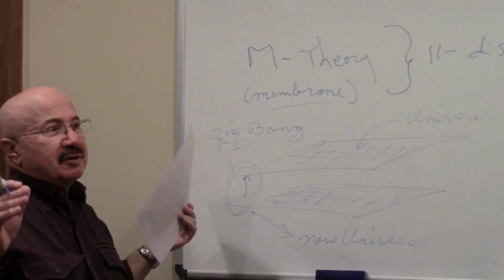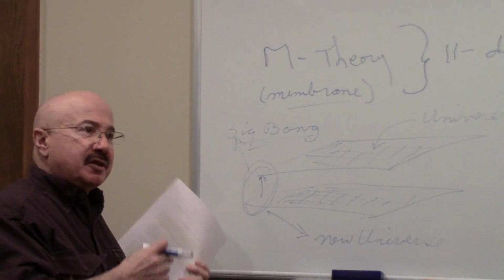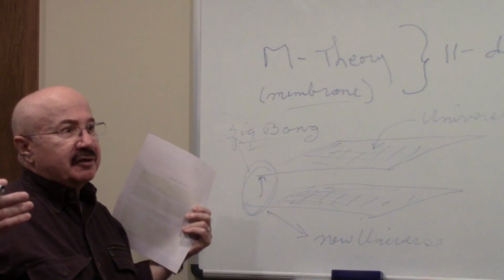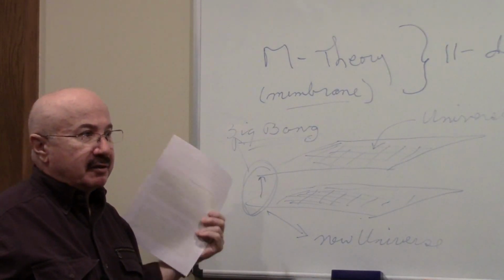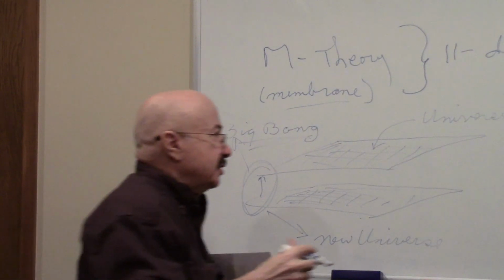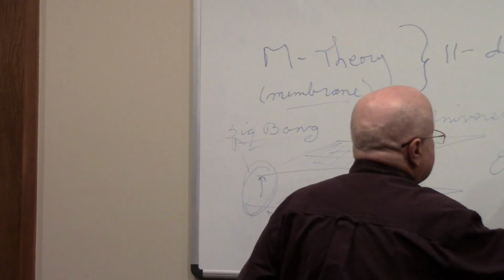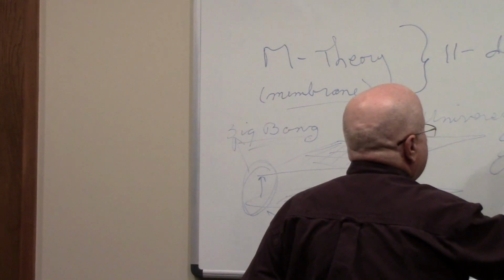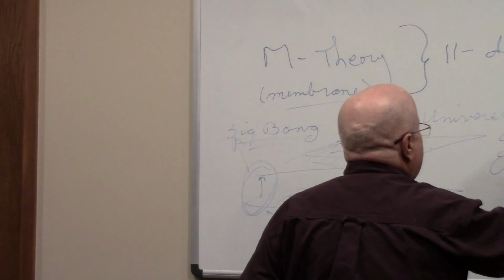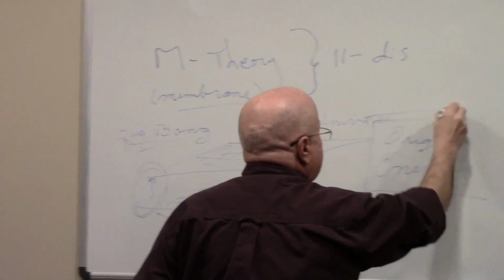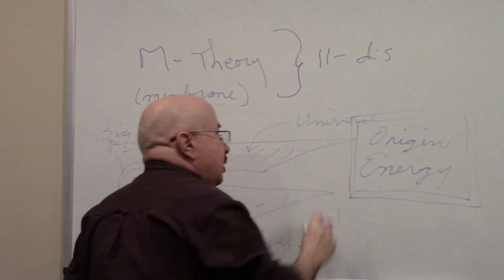The biggest failing of this theory, in my opinion, and I think of even the Big Bang theory, is that it does not explain the origin of the energy, and that's the one that I come back to over and over again.